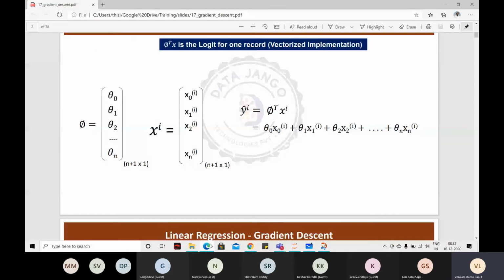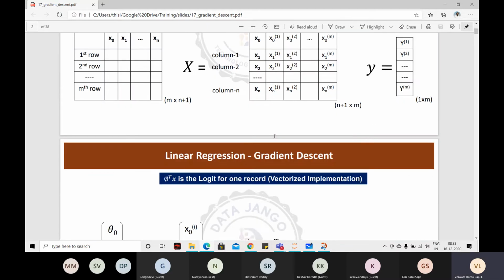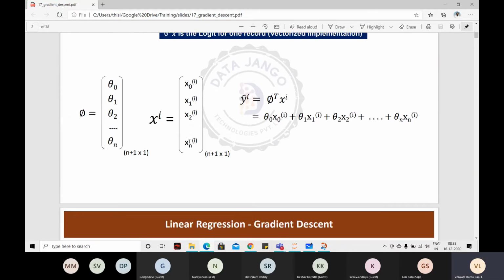See this here? 1, 1, 1, 1, 1, 2, 2, 2, 2, 2, m, right? Superscript in brackets is always about row. Subscript is about column. Okay. So the ith row came in and you need to predict.